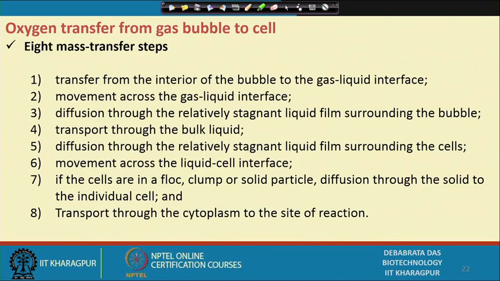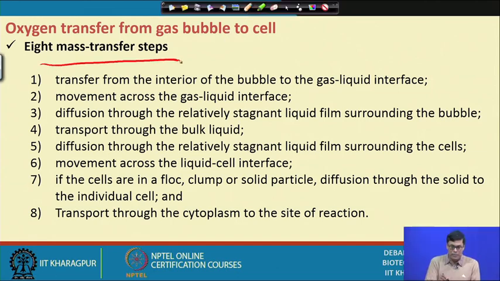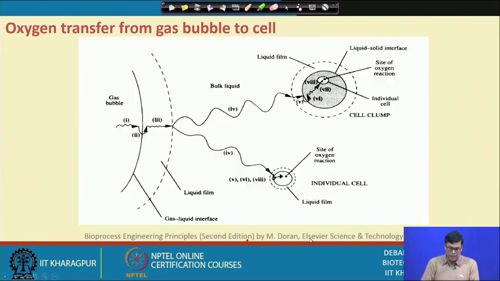Now, oxygen transfer from the gas bubble to the cell has eight different steps, starting with transfer from the interior of the bubble to the gas liquid interface. Let me show you the diagram, then things will be very clear. You see, this is the gas bubble here. It first passes through a layer, then this is the bulk of the liquid.